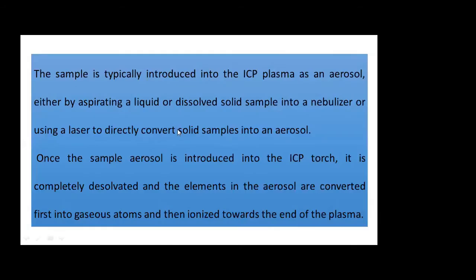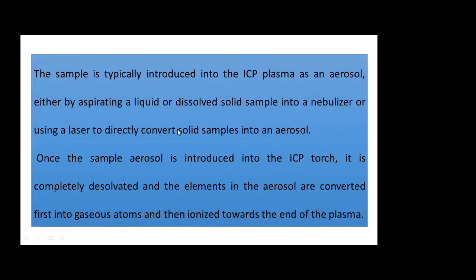The sample is typically introduced into the ICP plasma as an aerosol, either by aspirating a liquid or dissolved solid sample into a nebulizer, or using a laser to directly convert the solid samples into an aerosol. So both are possible.